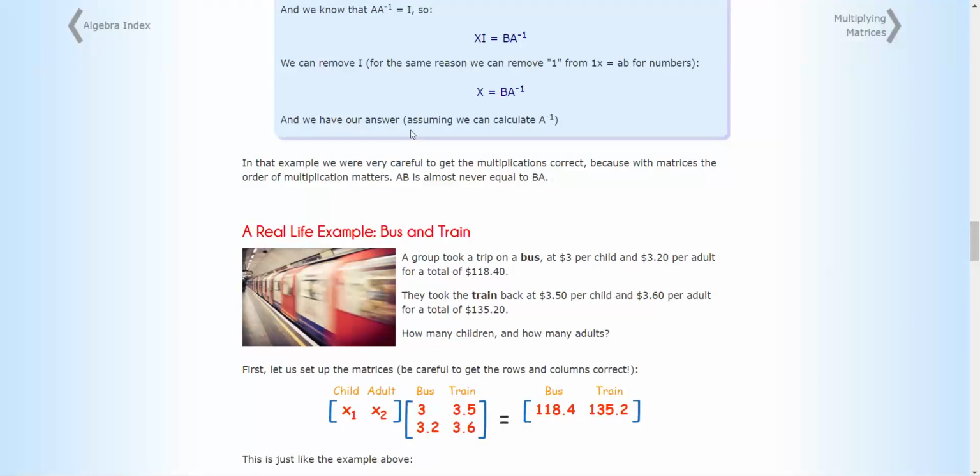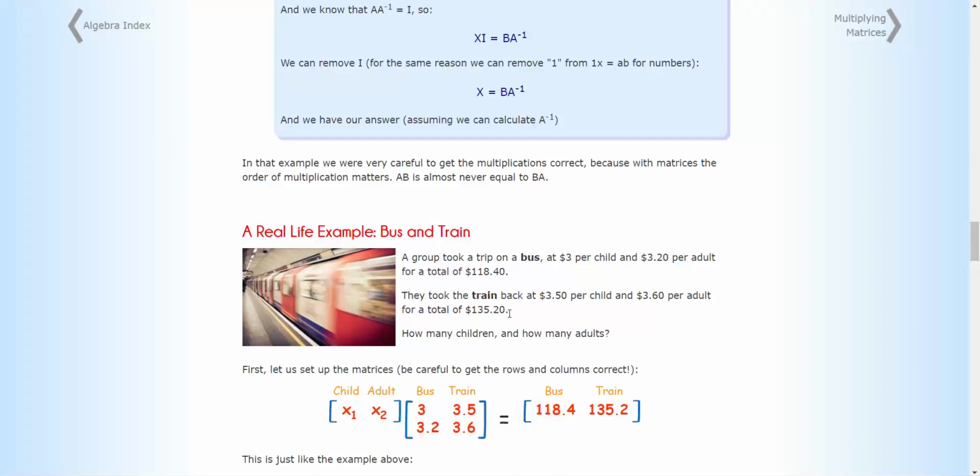A group took a trip on a bus at $3 per child and $3.20 per adult for a total of 118. They took the train back at $3.50 per child and $3.60 per adult for a total of 135. How many children? How many adults?